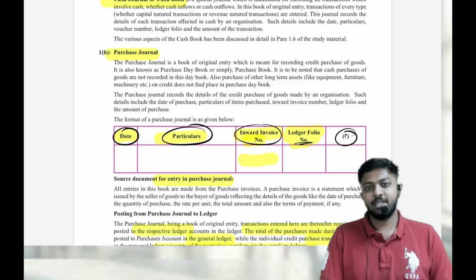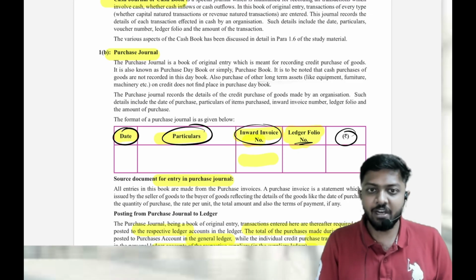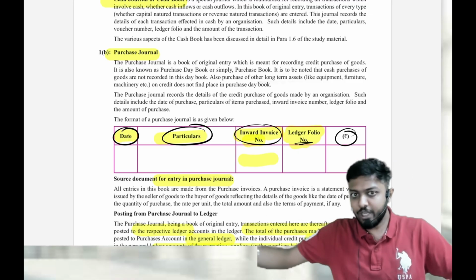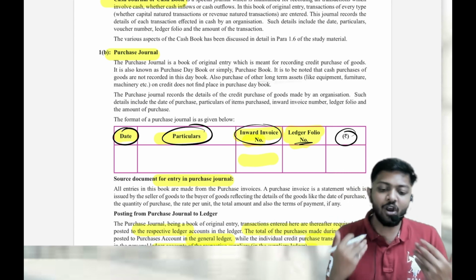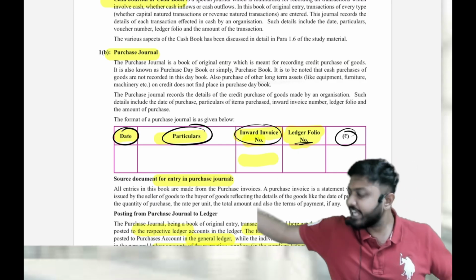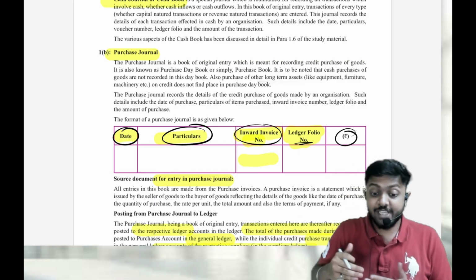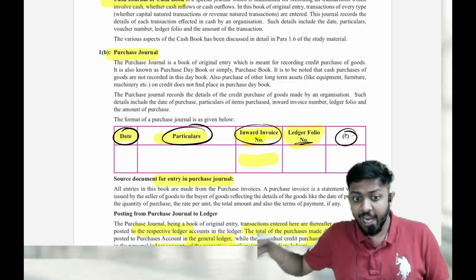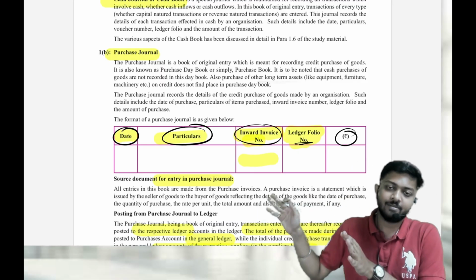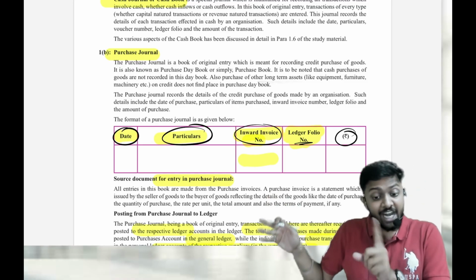Sir, if you are not recording a journal entry, then how will it go to the next stage? You know that in the accounting cycle, the second stage is the ledger. It will go to the second process, the ledger entry, directly from the subsidiary book. A journal entry will not be passed.